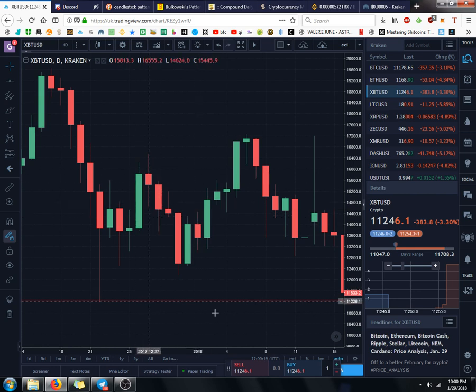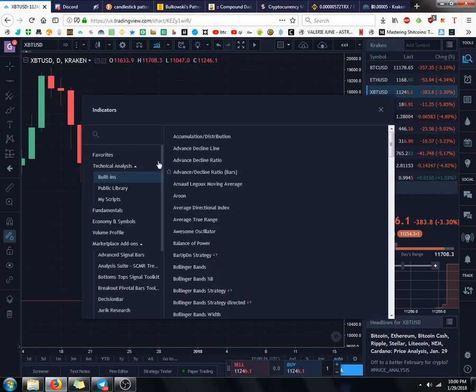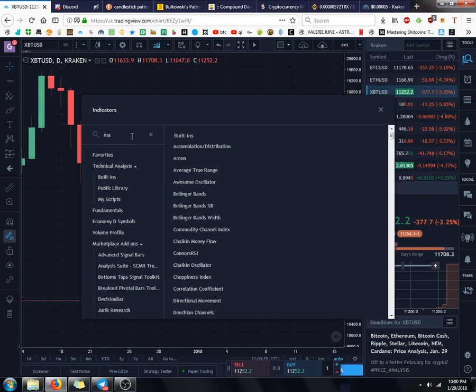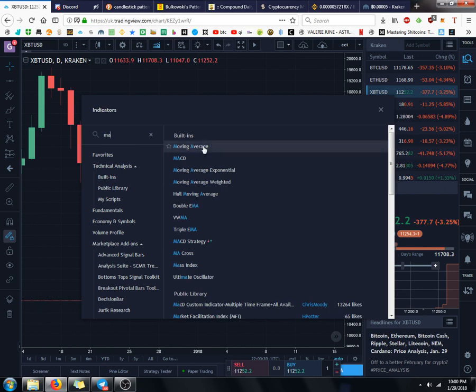You need to learn indicators. So right, a typical indicator is moving average. So if you click here, you can add an indicator. So if you just type MA, moving average, right? I'm going to add a few of them because I'll be using them later.